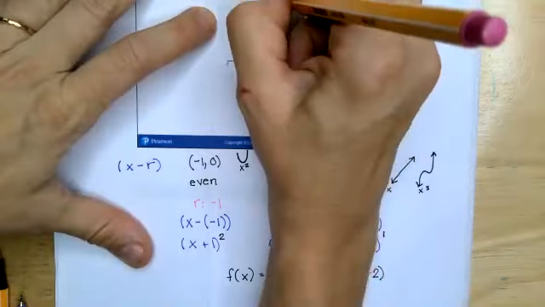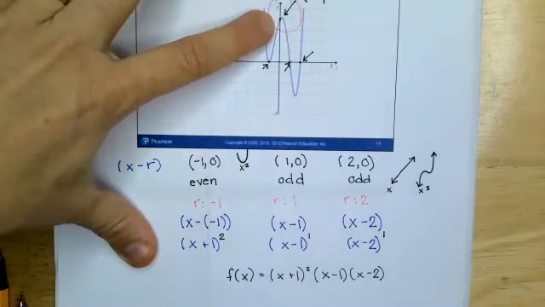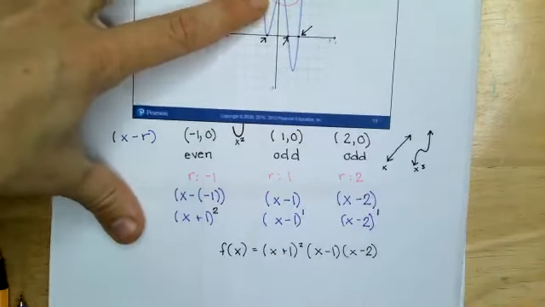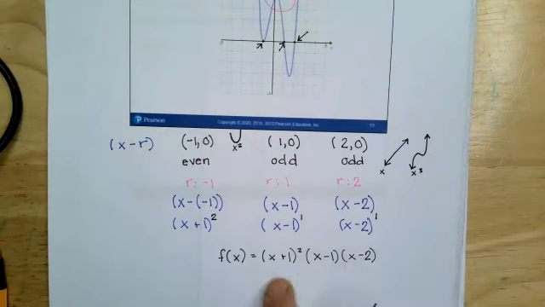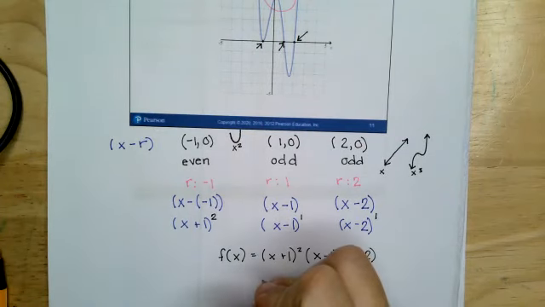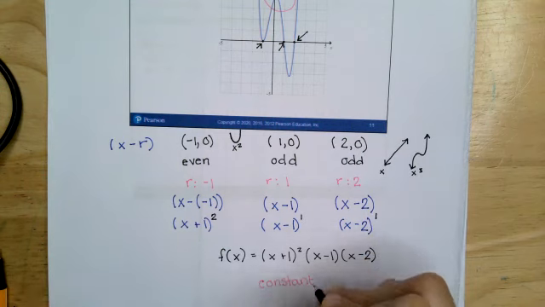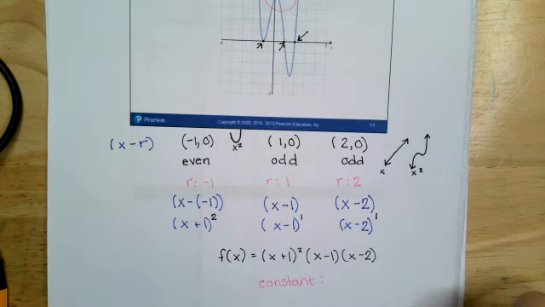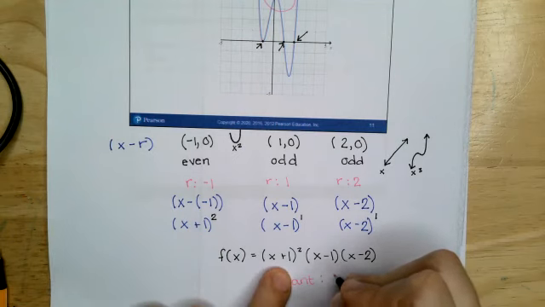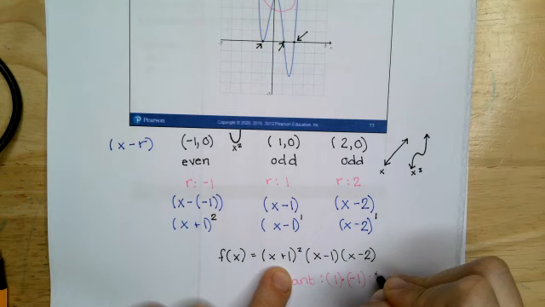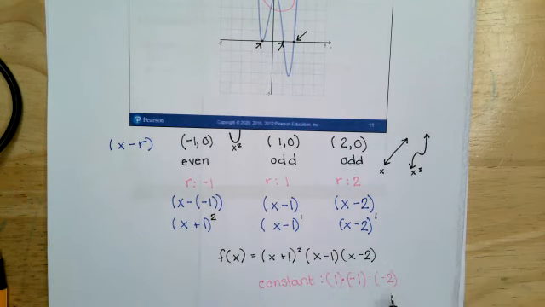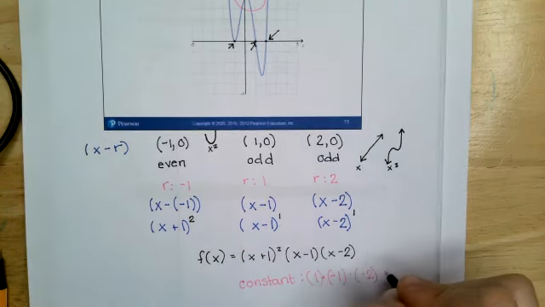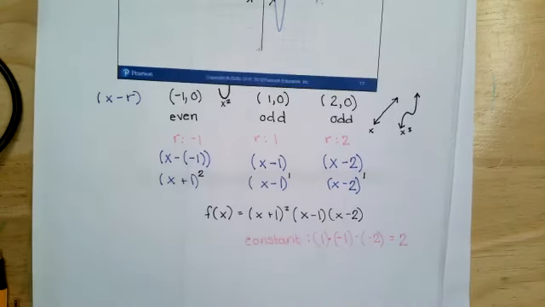How do we make sure it goes all the way up to (0, 4)? If we find what is our constant, or what is our y-axis, sorry, y-intercept here. We have 1 times -1 times -2, right? -2 times -1 times 1 only equals 2.